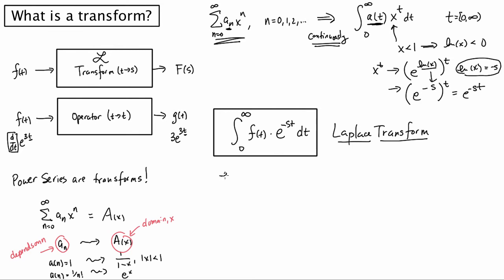So what we say is that when the transform acts, it acts on functions in the t domain, in the continuous domain, and its output is a function of a completely different variable, in this case s. You can see that when I integrate out t, s will be the variable which remains.